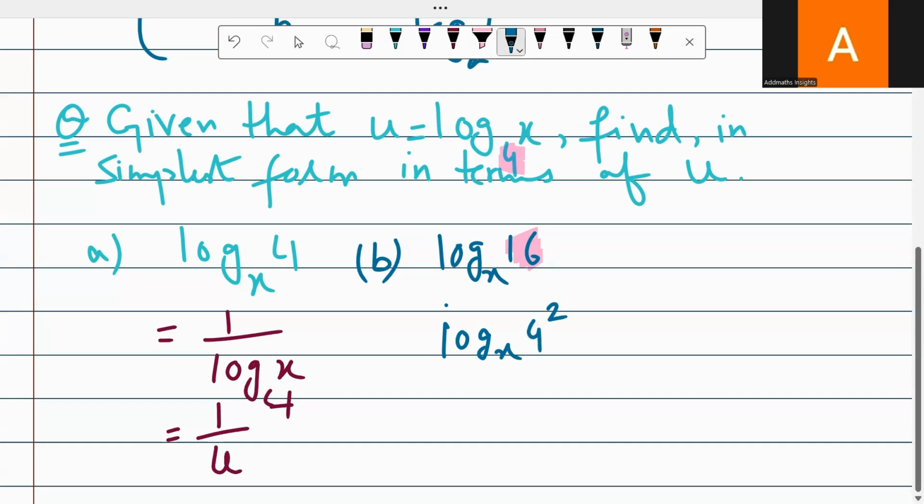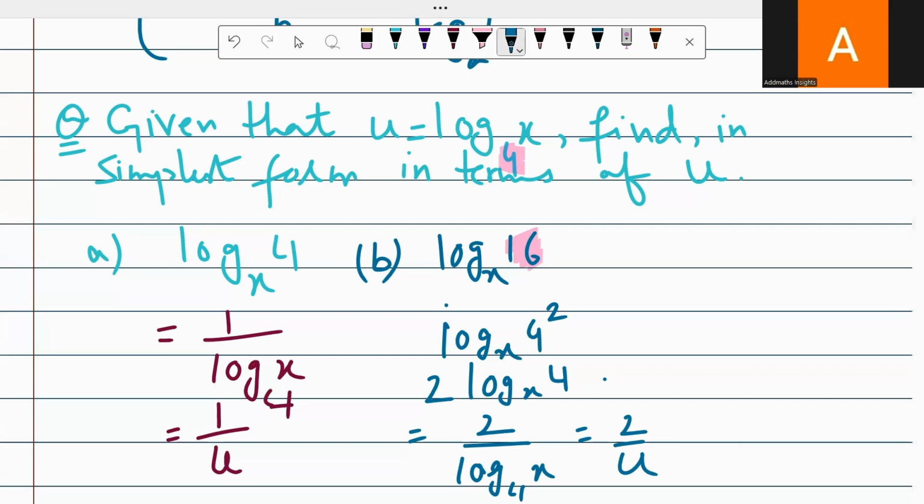According to the power formula, you can write it as 2 log base x of 4. Now apply the change base law, and you can write 2 over log base 4 of x. So this is equal to 2 by u. This is how you can apply the change base law.